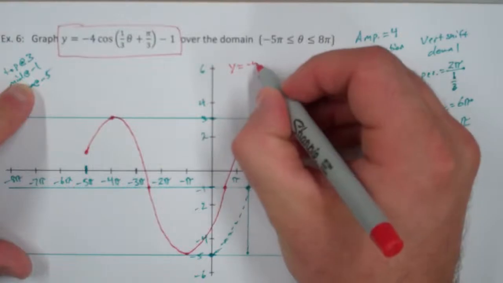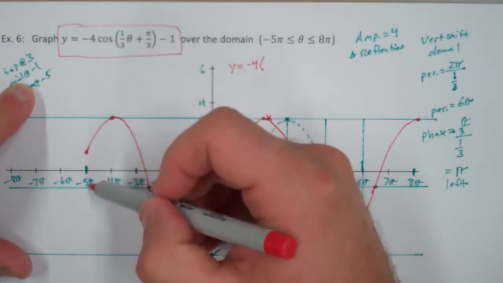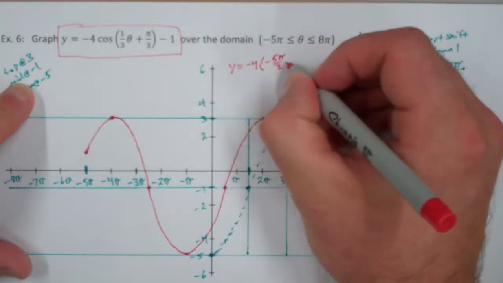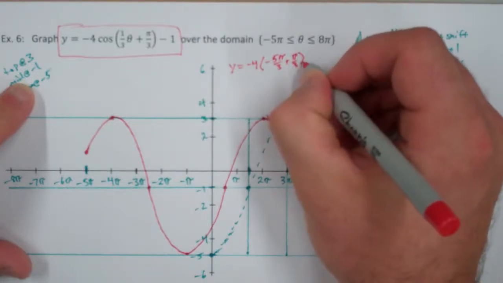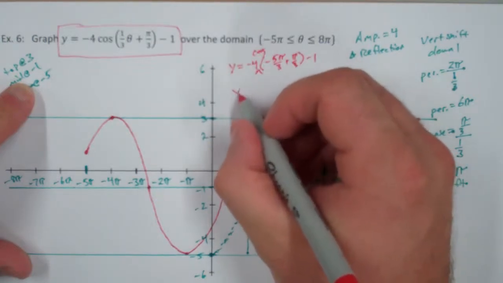So we've got negative 4 times the cosine of 1/3 times negative 5 pi, which is negative 5 pi over 3 plus pi over 3, minus 1. Oops, and that's the cosine in there. Almost forgot one of the most important parts.